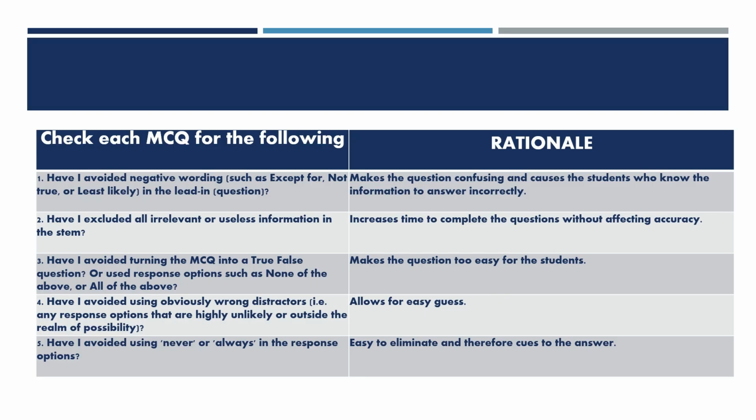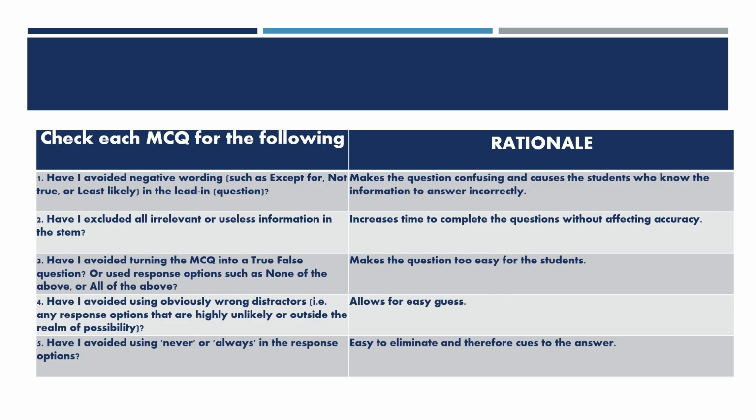Because it increases the time to complete the questions without affecting the accuracy. Third, have I avoided turning the MCQ into a true or false question or used options like none of the above or all of the above, because it makes the question too easy for the students. Fourth, have I avoided using obviously wrong distractors? Because, as we have said repeatedly earlier, all the distractors should be plausible, because if not, it allows for easy guessing.